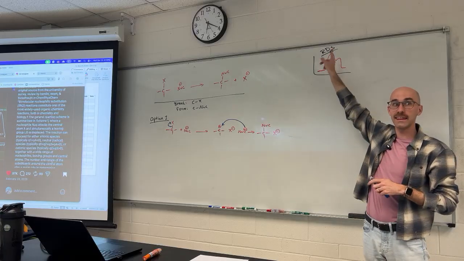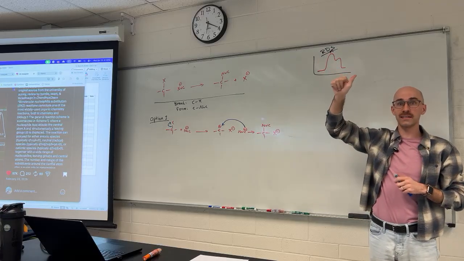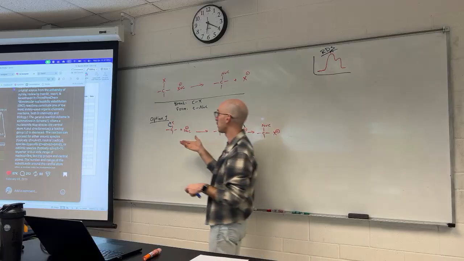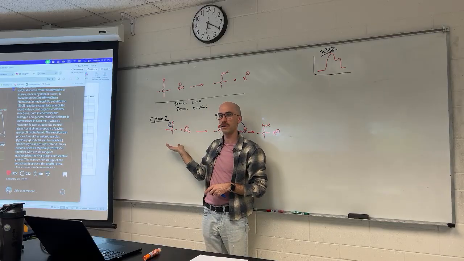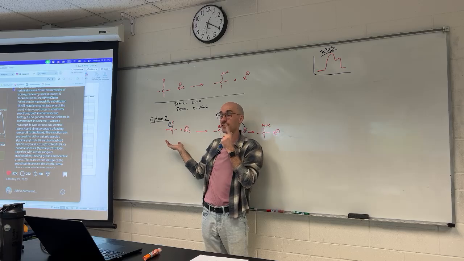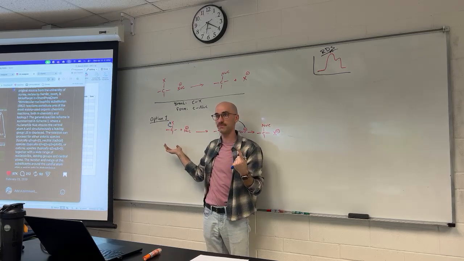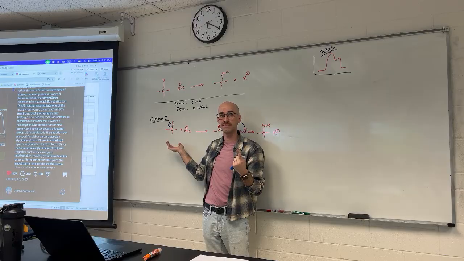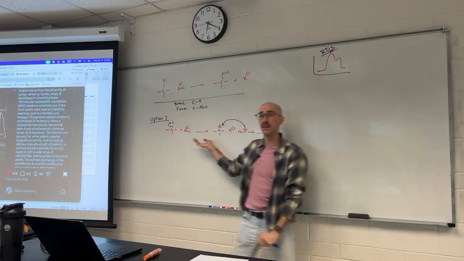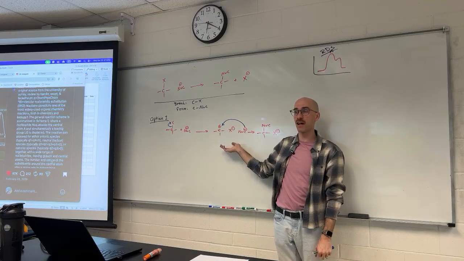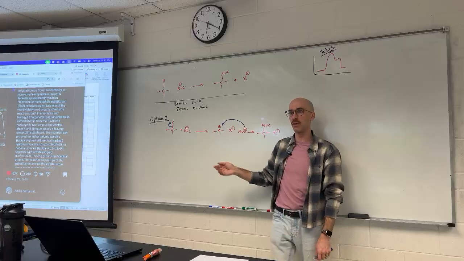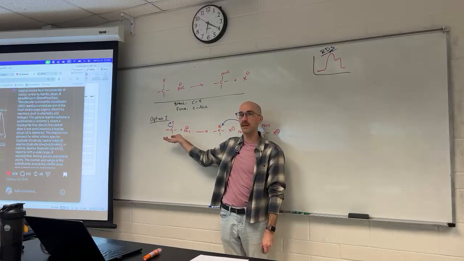And in this mechanism, the rate determining step involved how many molecules? The nucleophile played no role. Correct? The nucleophile just watched. And then after that first step was done, then the nucleophile played a role. So this first step we call unimolecular.